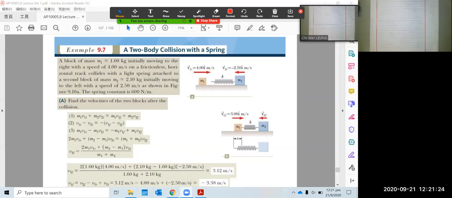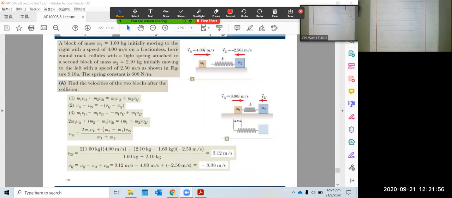Equation number 3 is just to multiply 2 by m1. So you will see the similarity between number 2 and number 3. The difference is only the term m1. You multiply the whole equation by m1. Afterwards, you add equations 1 and 3 together, and then you could solve for v2f, the final velocity of particle number 2.